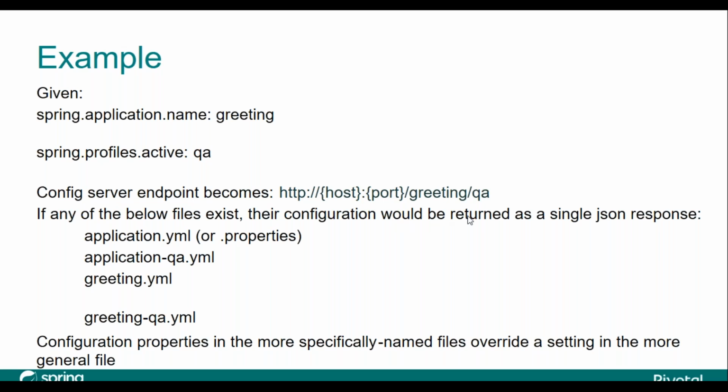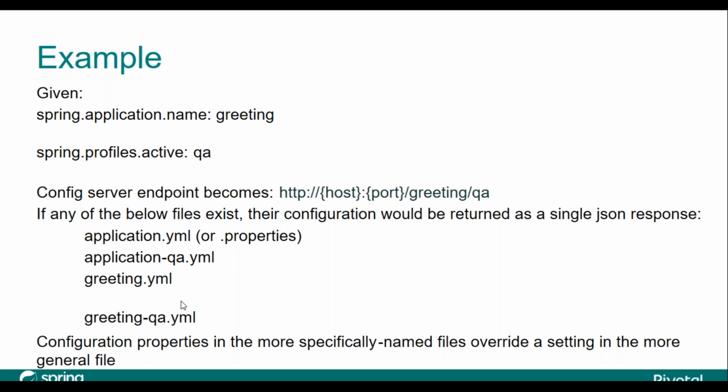What does it try to do? It goes to read the files which you keep as either application.yml or application.properties, and it also reads application-qa.yml, greeting.yml or greeting-qa.yml if you have them.